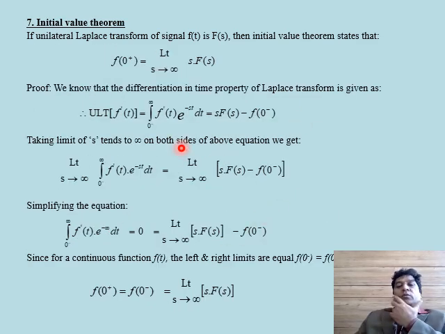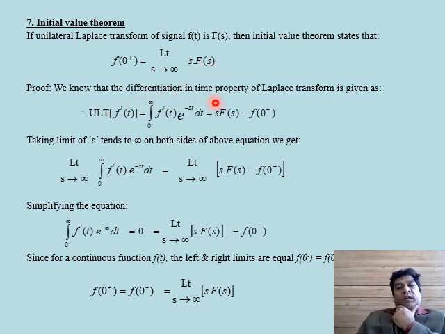Now we are going to discuss a little bit about the initial value theorem. The initial value theorem states that f(0⁺) is equal to the limit s tends to infinity of s times F(s). Now we will prove this simple property.